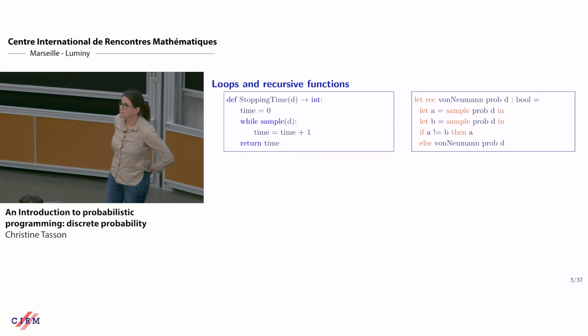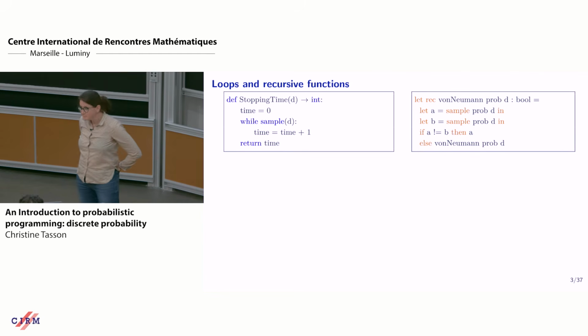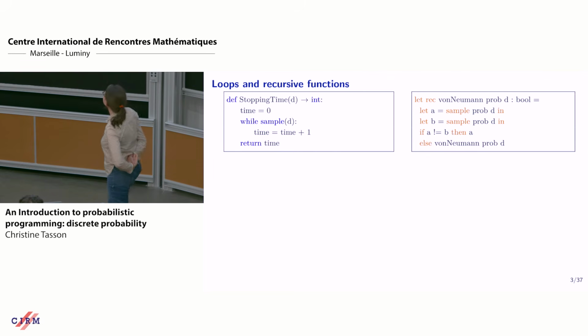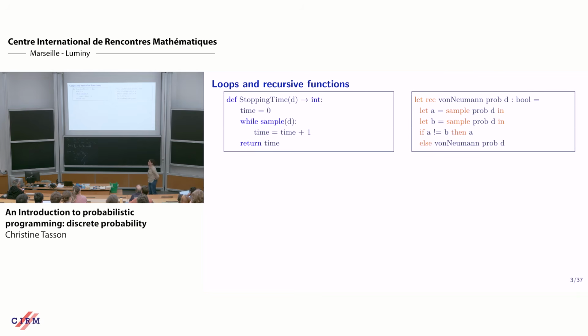It's recursive, yes. So it repeats until you get 2 samples which are different, and then it returns the first one. Yes, exactly. But I agree it's the principle of rejection. Okay. So it is a recursive program here.